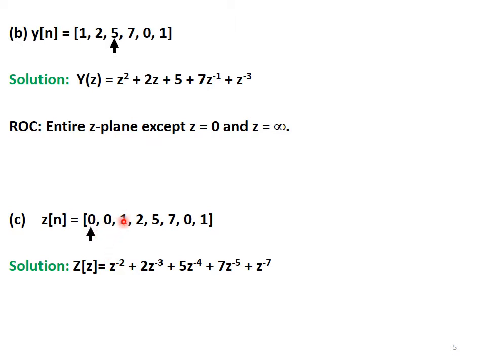So therefore 1 into z power minus 2, 2 into z power minus 3, and so on. Now you can clearly see, as long as z is not equal to 0, because when z is 0 it would involve division by 0, right? So except z equal to 0, the entire z plane is the region of convergence, right?